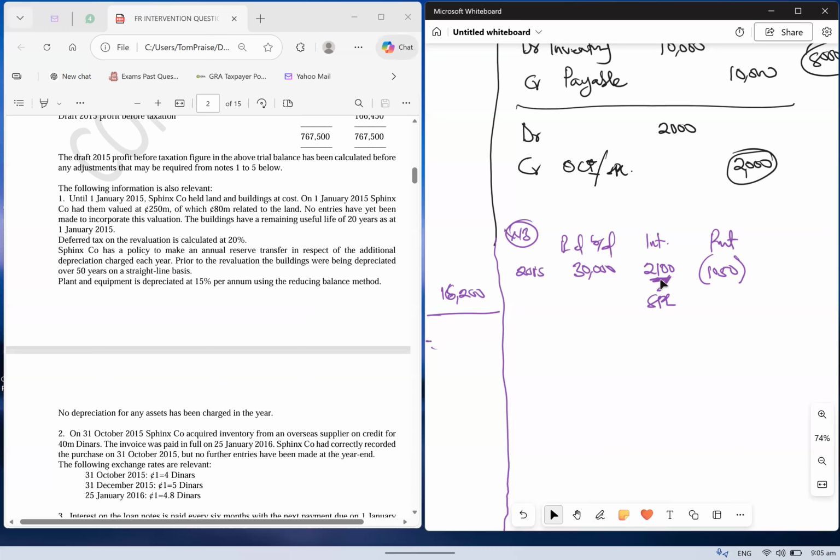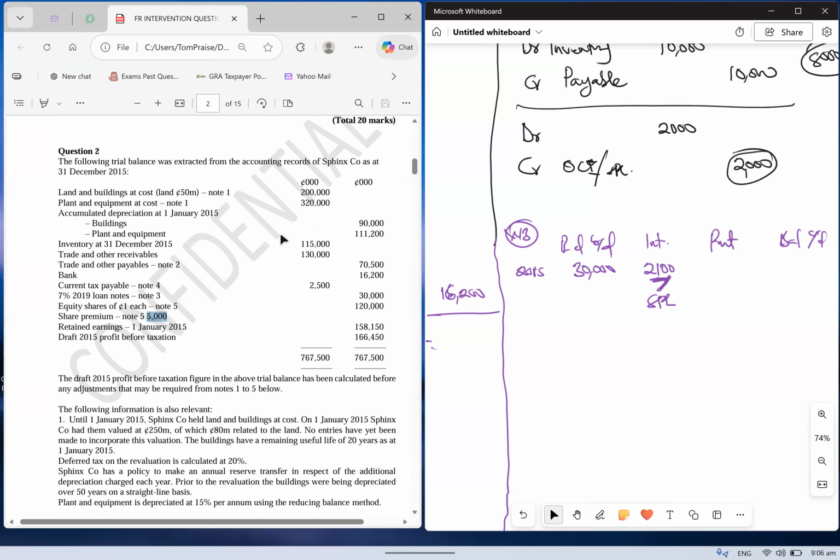But you know that the payment should be 2,100. But in the financial statement, you were told that only half was done. As a matter of fact, if you check it clearly, this figure should be the balance carried down, because this trial balance is as at 31st December. So every figure that you see is at the end of the year.